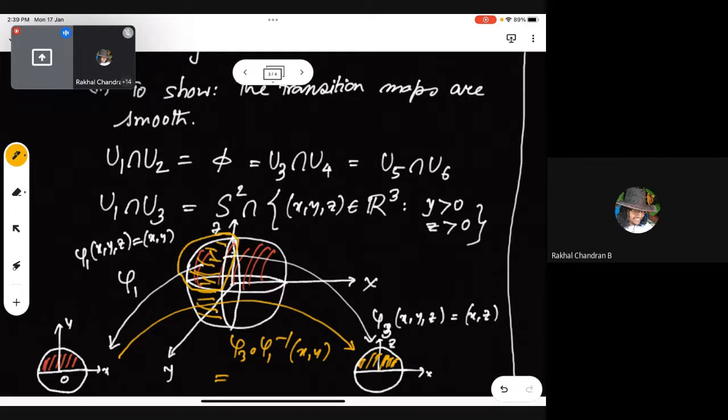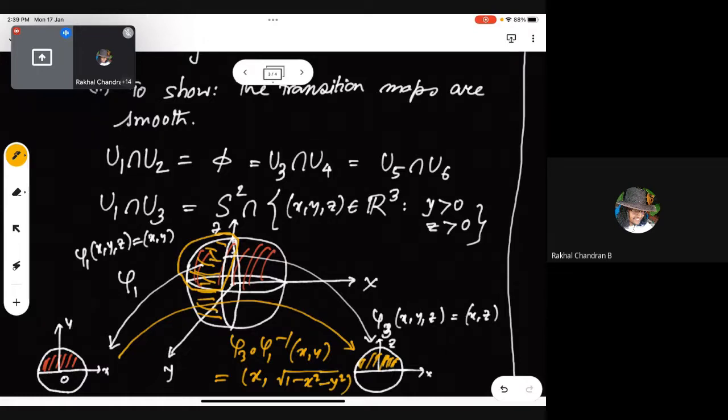What will it be? You first go to (x, y, root of 1 minus x² minus y²), right? Here. And then you go back by φ3. So x will be there, and as you said, root of 1 minus x² minus y² will be there. So this is the map.